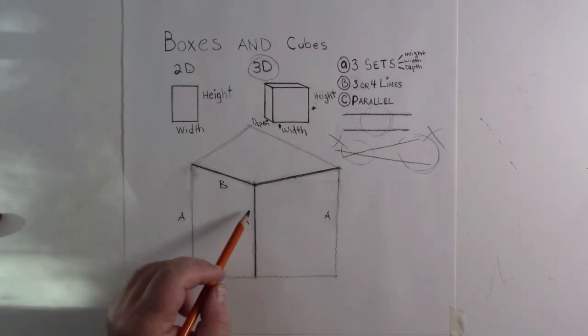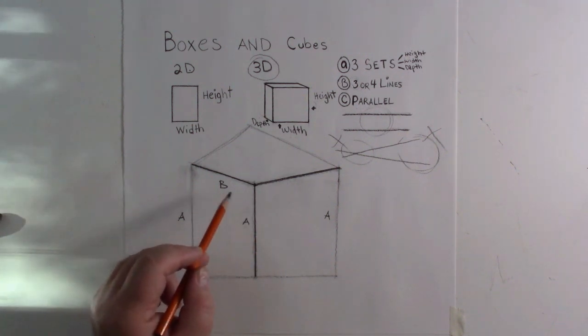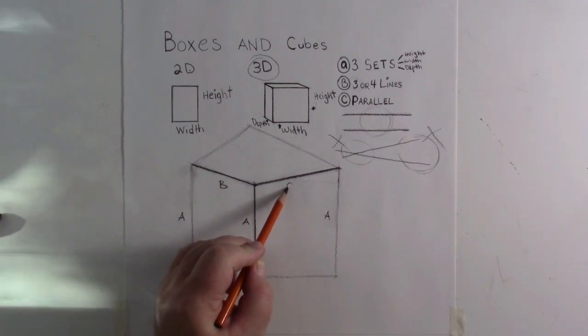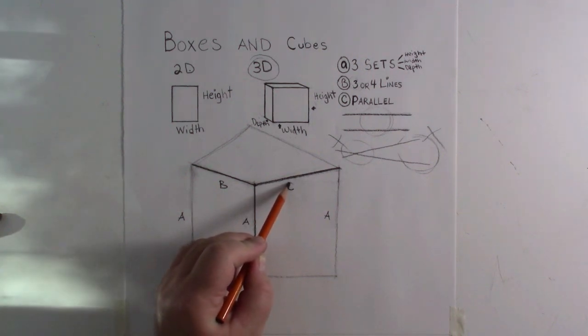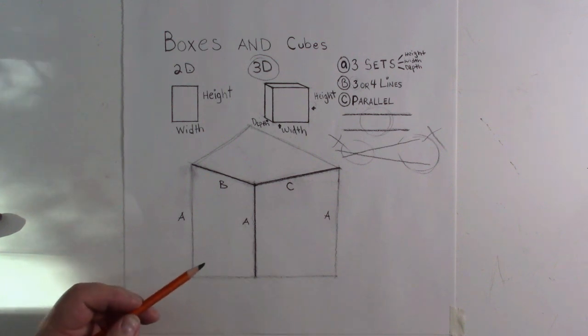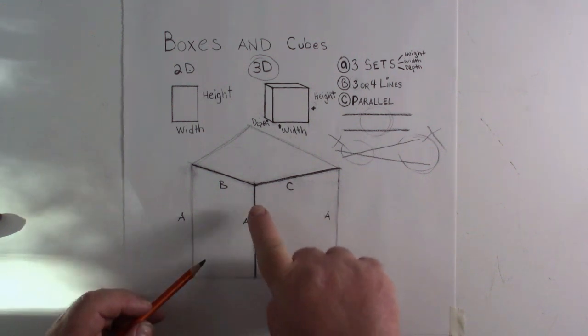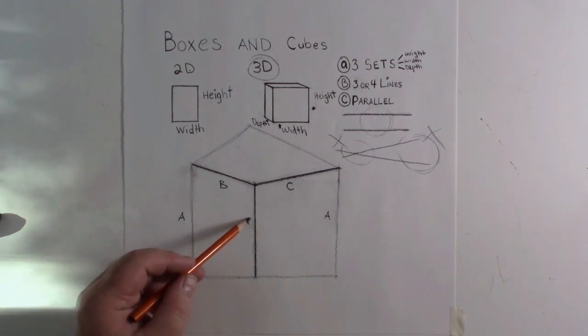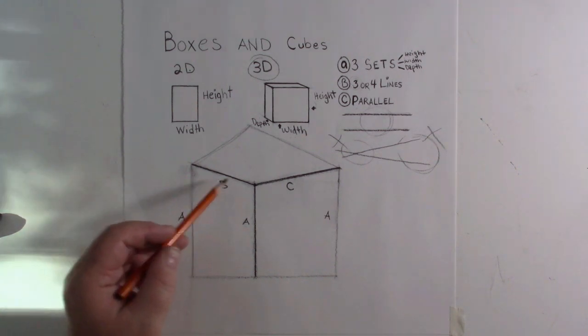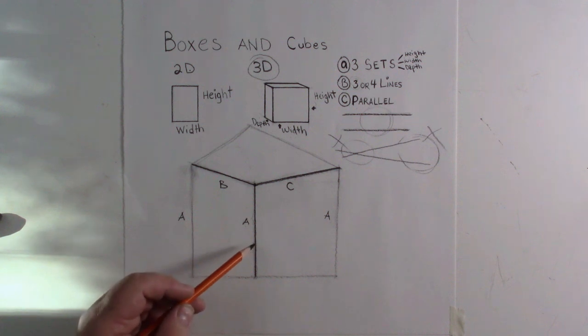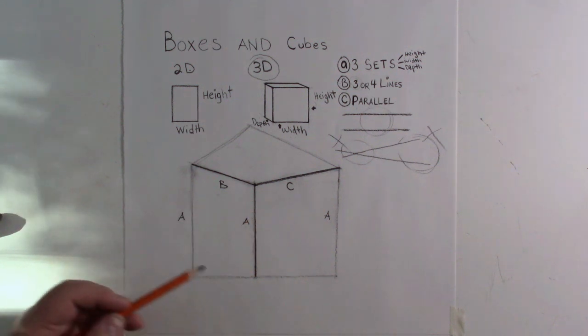This is just a simple notation. This set is different than that set, and this set is different than the other two. This right here, if it's on the right side of the height line, we'll call it C. So there's our 3 sets. We have the family of A lines, the family of B lines, and the family of C lines, or set A, set B, and set C.